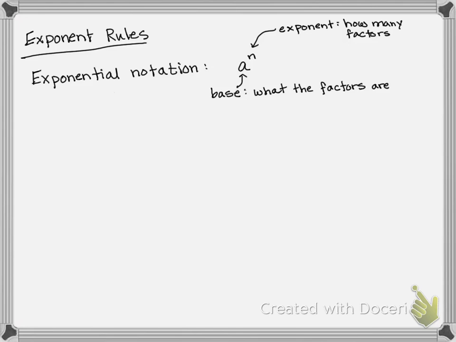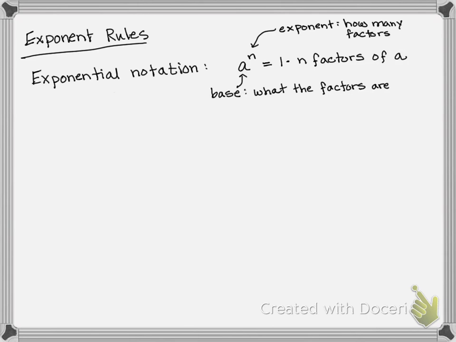And so a to the n is equal to 1 times n factors of a. I always think of there being that factor of 1 there because it helps us when we start talking about negative exponents and exponents of 0, remembering that even though we don't see that coefficient of 1, there's really a factor of 1 inherent in any multiplication problem that we do.